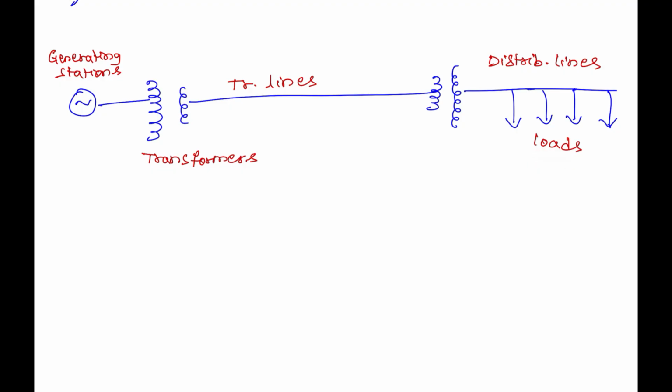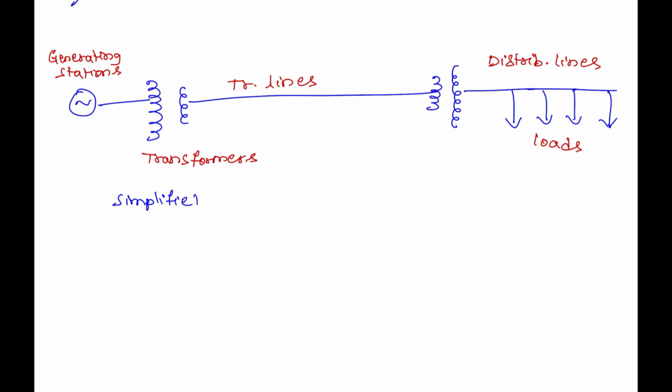To analyze a large interconnected system manually, analysis using actual values becomes complex. So engineers use simplified representations and normalized values.